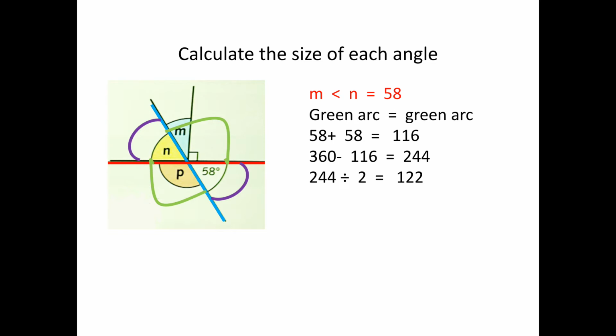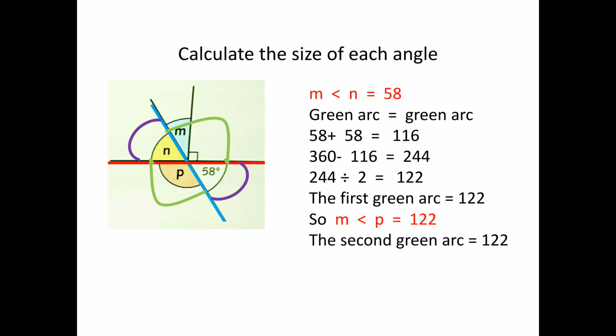So let's look at the first green arc. The first green arc is 122, which means that measure of angle P is equal to 122. That's the first green arc. What about the second green arc? It's also equal to 122. But in this arc, we have two angles together. We have M and a right angle.